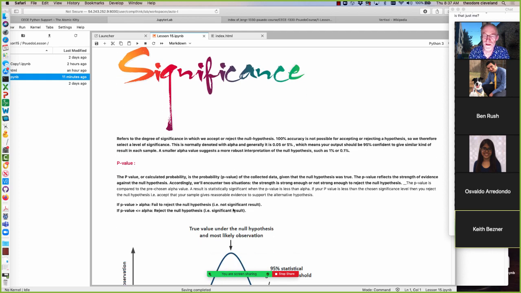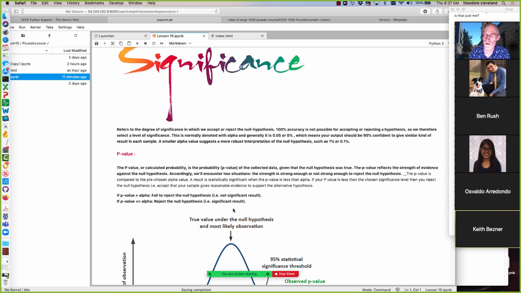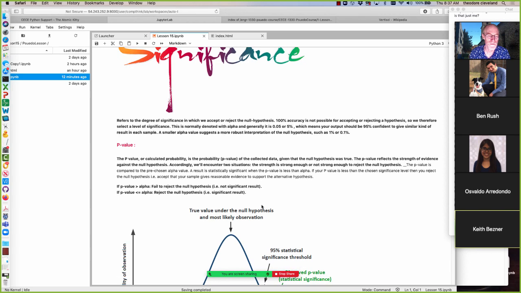One is that the strength of evidence is big enough, and the other is that the strength of evidence is not big enough. So the p-value is compared to a pre-selected alpha value or significance value, and if the computed probability is small enough, then we can use that to help us make our reject or accept decision. I guess accept is not the correct terminology. Fail to reject or reject.